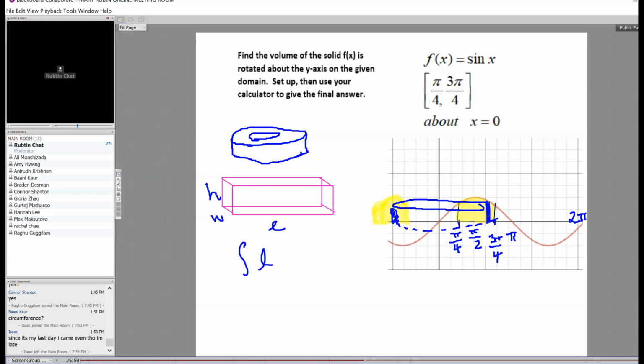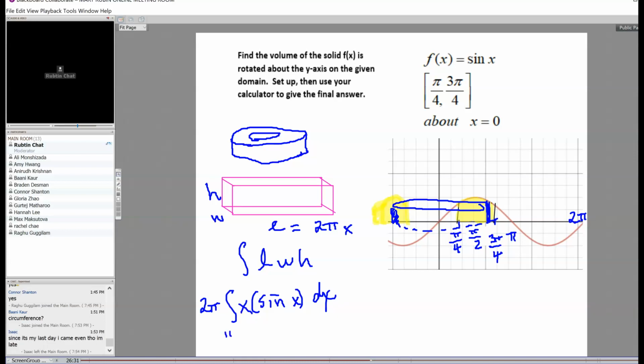So I'm going to integrate the length times the width times the height. The width is dx. The height is the function. And then the length is 2 pi x. So I'm going to put the 2 pi on the outside, integral of x sine x dx, and my bounds are the same.